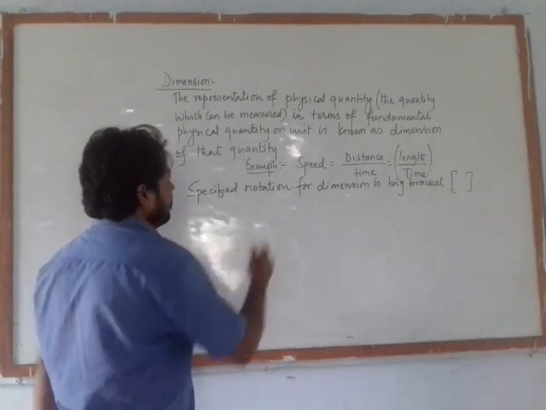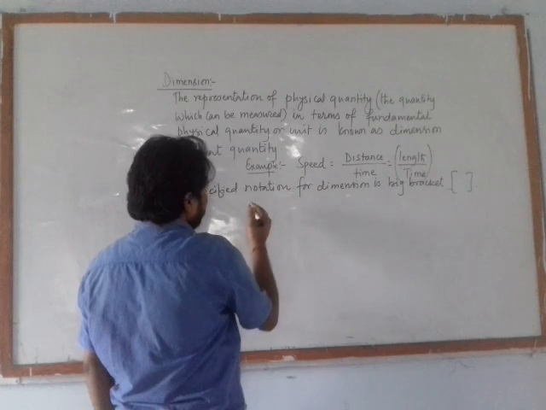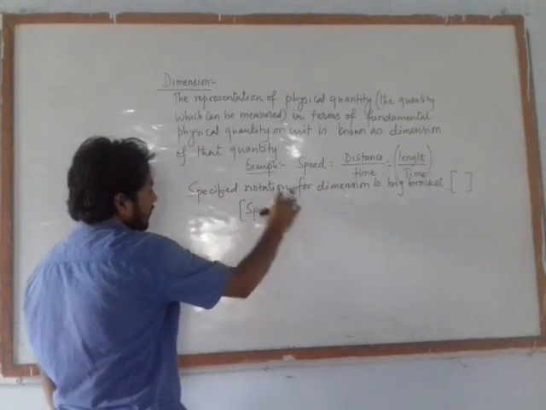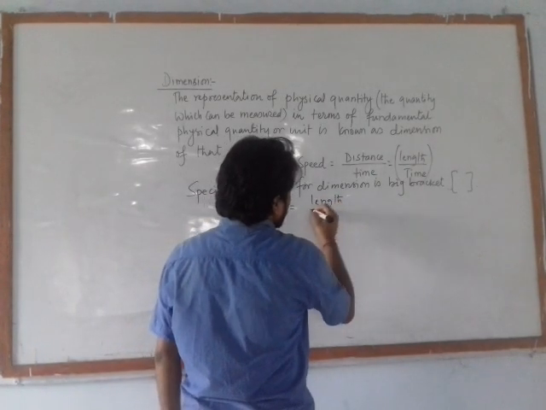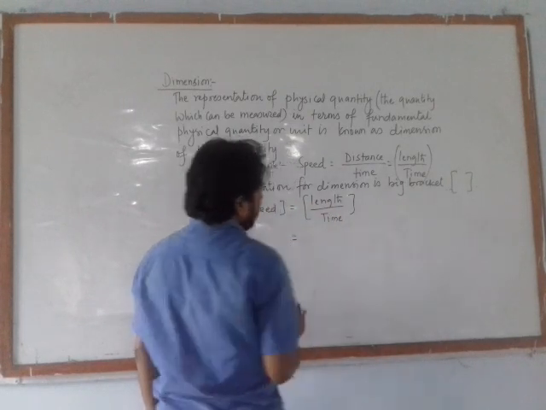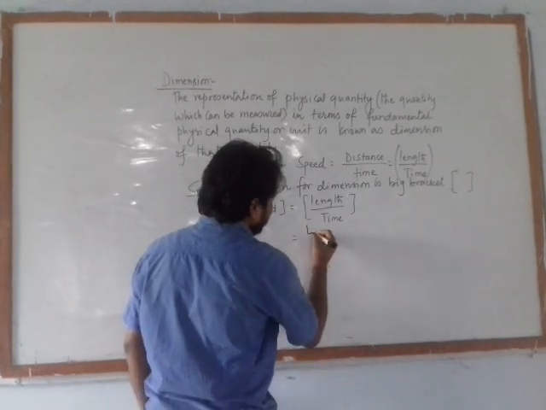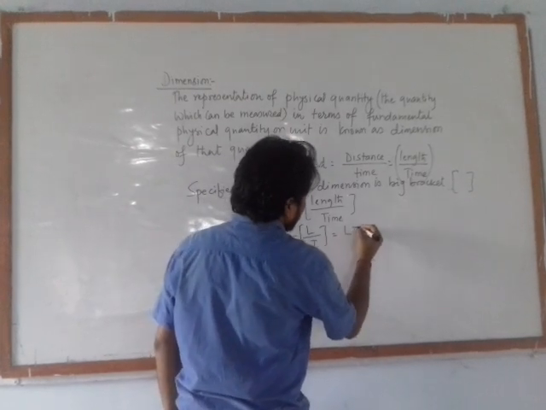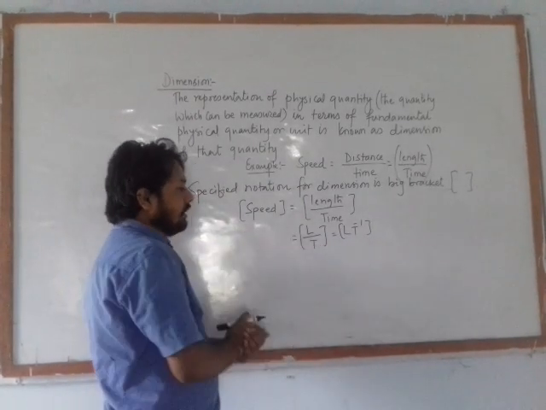So if I am trying to write the dimension of the physical quantity speed, then I have to write speed inside this big bracket. Then I can write length, then time, again in big bracket, and length we represent as L and time as T. So its dimension is L T to the power minus 1. So dimension of speed is L T inverse.